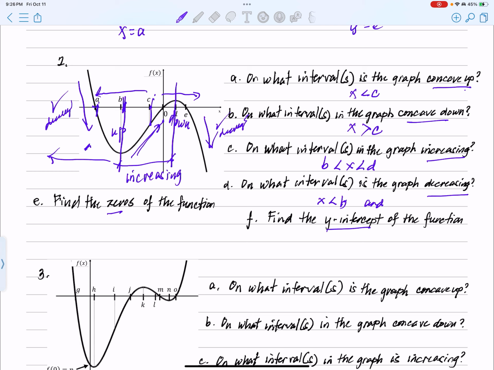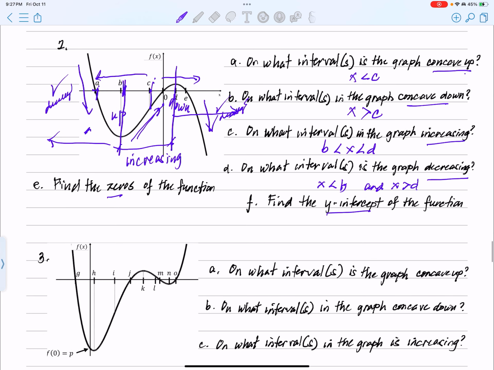And we have another one that is decreasing when x is greater than... You see this? From here to here. That's decreasing, but the x value is greater than d. Point D. Okay?